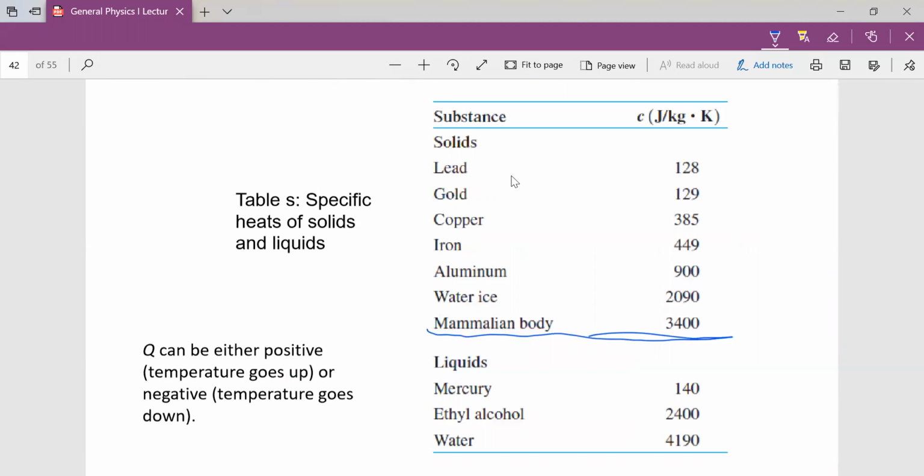The human body has a specific heat of 3,400 joules per kilogram Kelvin. This is the unit for specific heat. It is measured in joules per kilogram Kelvin.